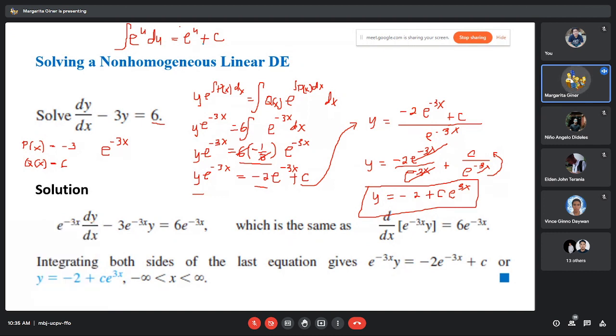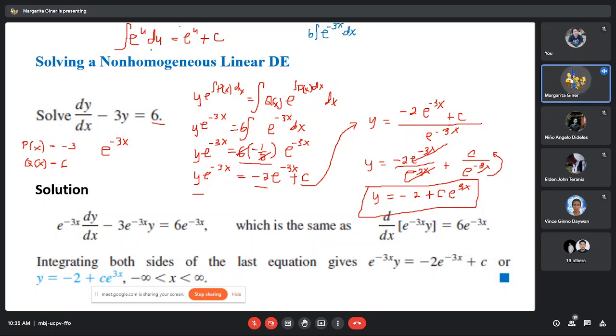Okay, here it is. This is the formula, when your function is exponential. So you have here the antiderivative of 6 e raised to negative 3x dx.